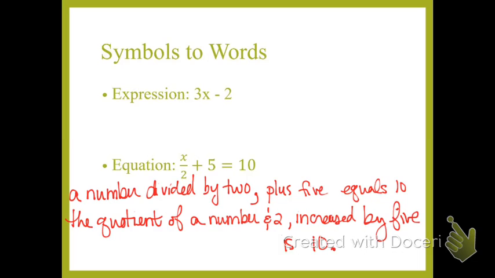So we used different key words here. Instead of divided by, we used quotient. Instead of plus, we used increased by. Instead of equals, we used is. And again, I'm sure there's more than just these two possible solutions.